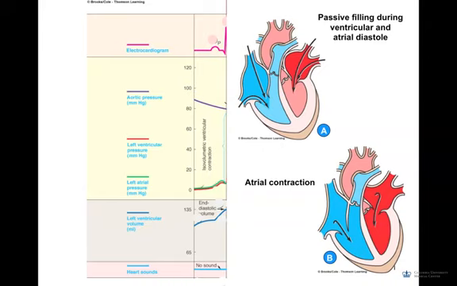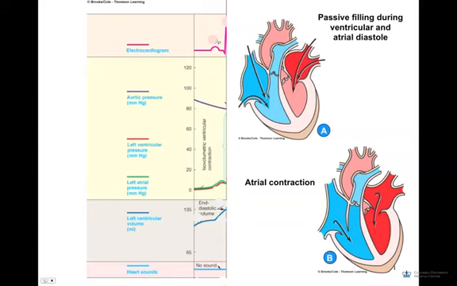The SA node fires an action potential, and the first representation of that is the P wave in the electrocardiogram, because the SA node fires and causes depolarization of both atria. And that triggers a P wave. So that's the first event of the cardiac cycle.